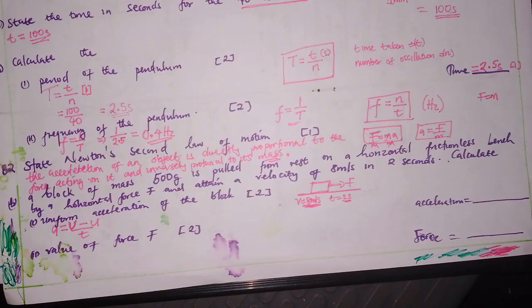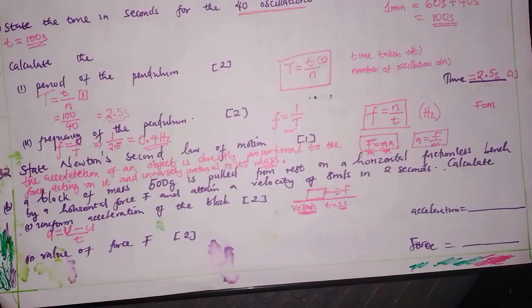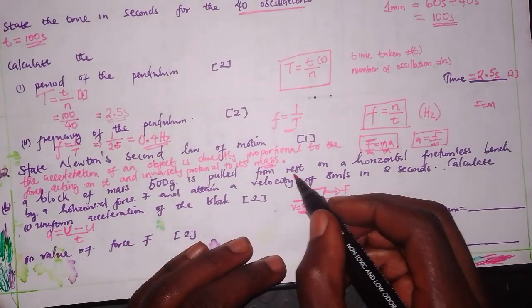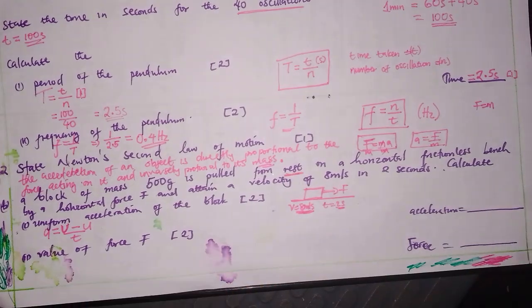First, understand the question. After understanding the question, you know that this block was put from rest. And whenever we hear the word rest, what should come into our mind is 0.